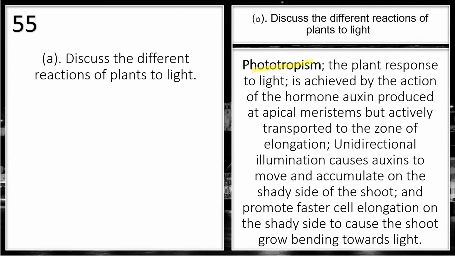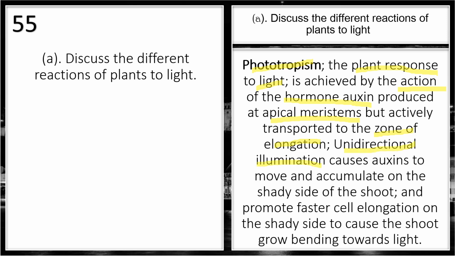Phototropism. The plant response to light is achieved by the action of the hormone auxin produced at the apical meristem, but actively transported to zones of elongation.